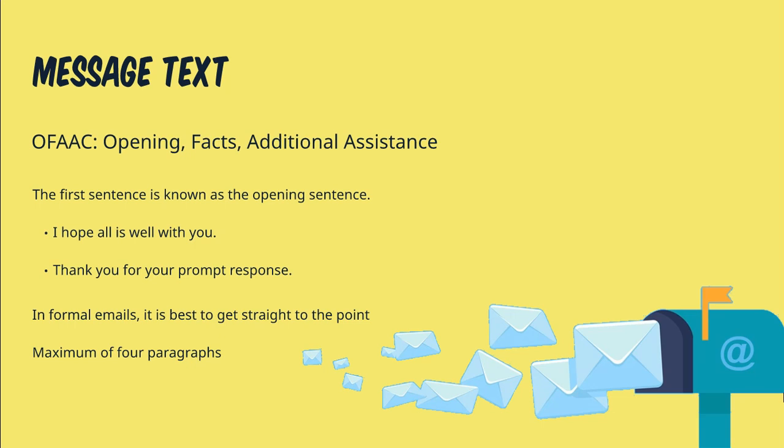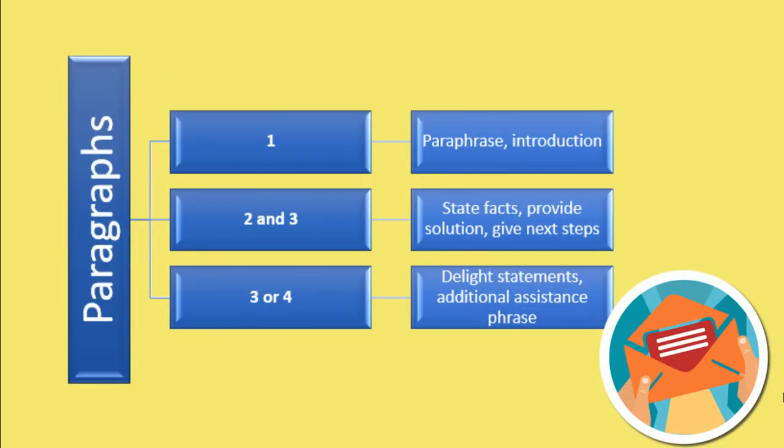Let us now talk about the different paragraphs in the message area. In the first paragraph, you can briefly write about the email's purpose or paraphrase the issue or introduce yourself depending on what you are writing and to whom you are writing.